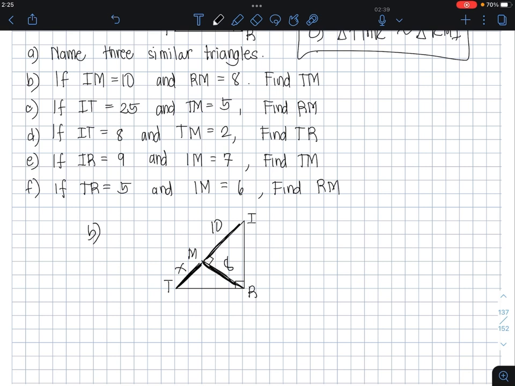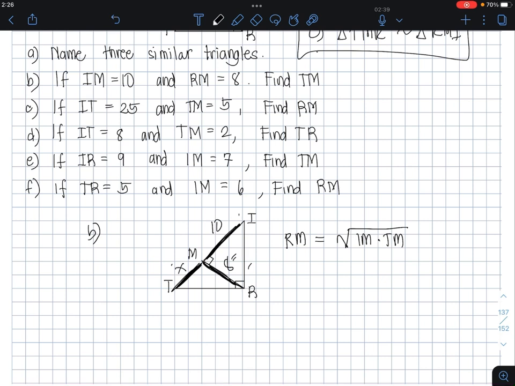So, meron kasi tayong altitude to hypotenuse RM at yung dalawang segments ng hypotenuse IM tsaka TM. So, pwede natin gamitin yung equation na itong RM is the geometric mean nitong IM tsaka TM. So, RM is equal to square root ng IM at TM. So, substitute natin yung mga values.